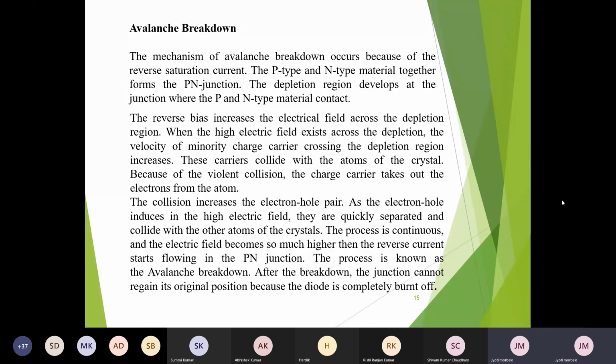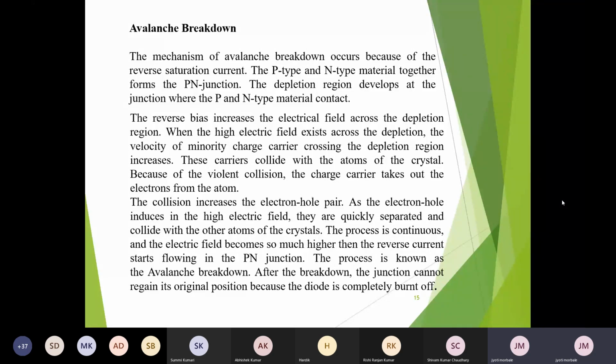In avalanche breakdown, the increased electric field causes increase in the velocity of minority charge carriers. That means whatever reverse voltage we have applied, वो reverse voltage ज़्यादा increase होने की वजह से velocity of minority charge carriers increase करेगा. These are present inside the P and N region.